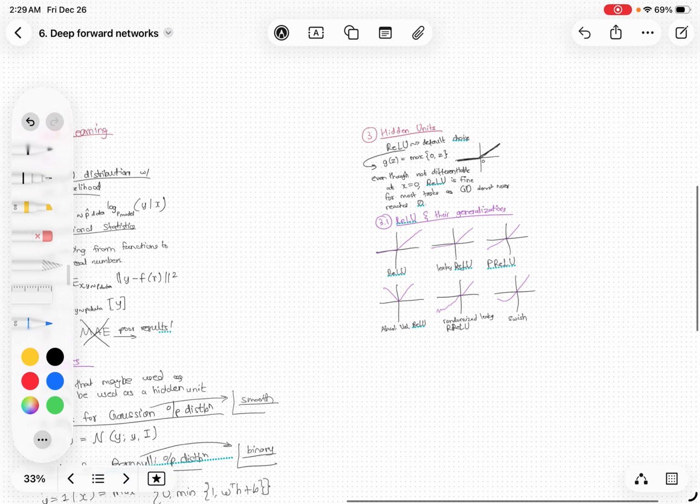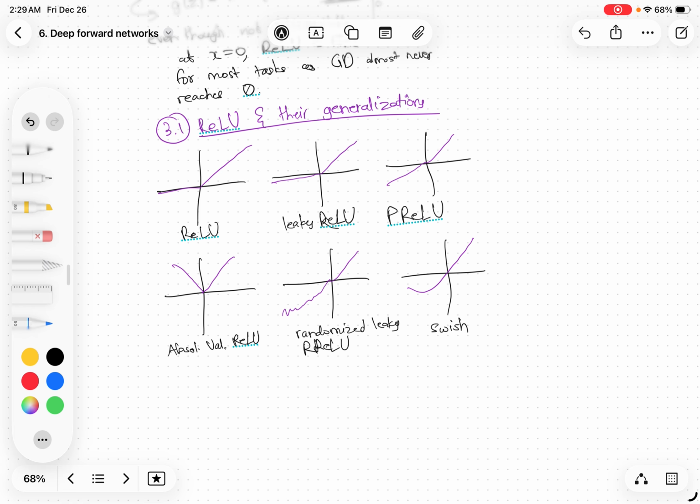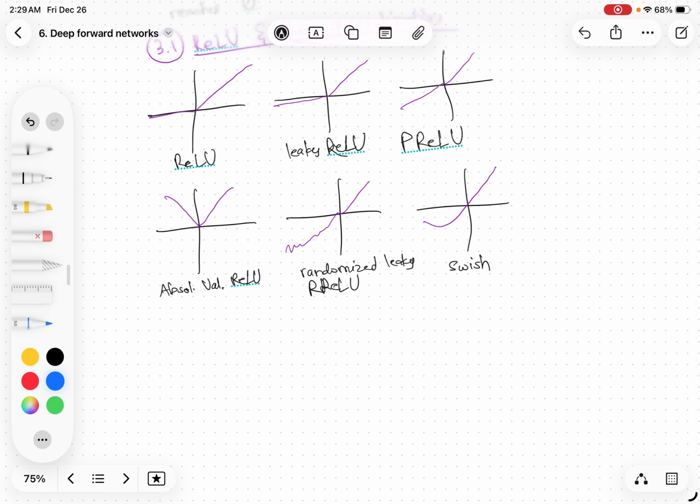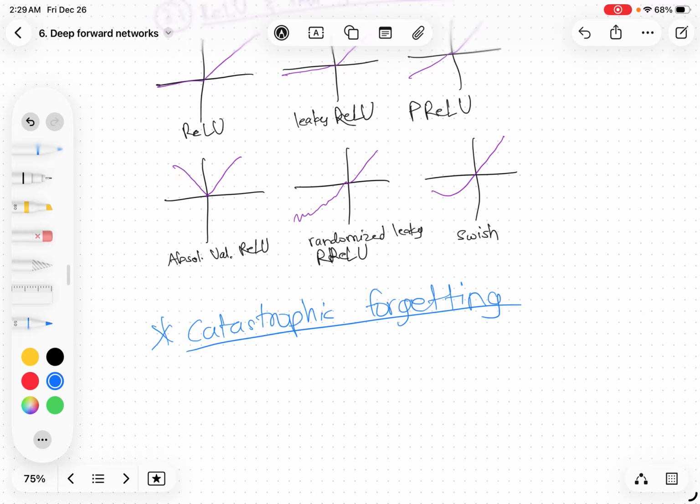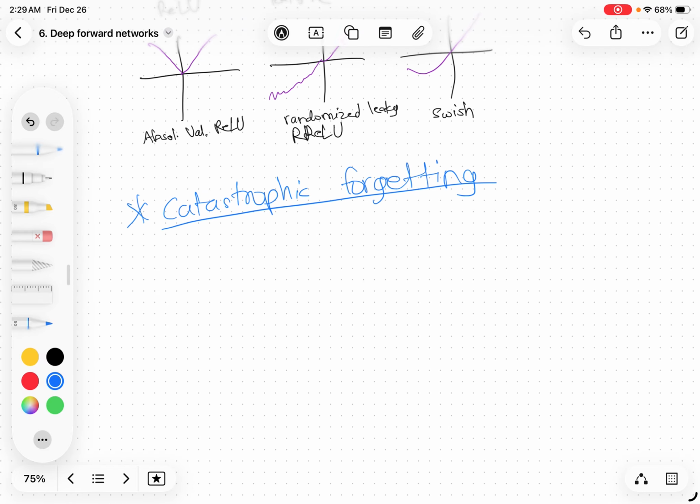This is a special topic again. Catastrophic forgetting happens when your model, after learning a lot, just forgets everything. This is a topic discussed even today; it's not some old topic.